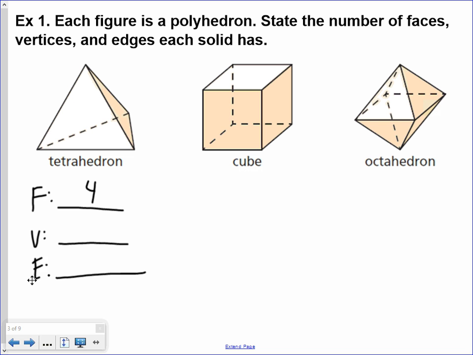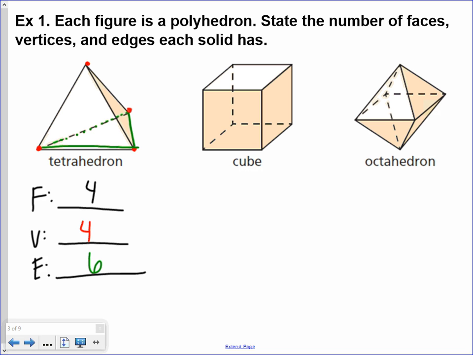Vertices, you have 1 here, and 1 here, so 3 corner points along the bottom, and then 1 corner point on top, making 4 altogether. And then your edges, you have 3 along the bottom, and you would have 1, 2, 3 around the sides, making 6 altogether.